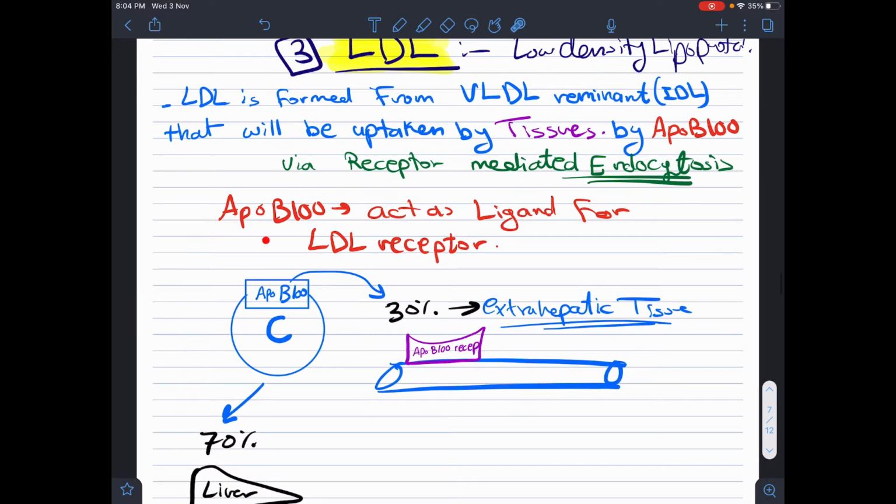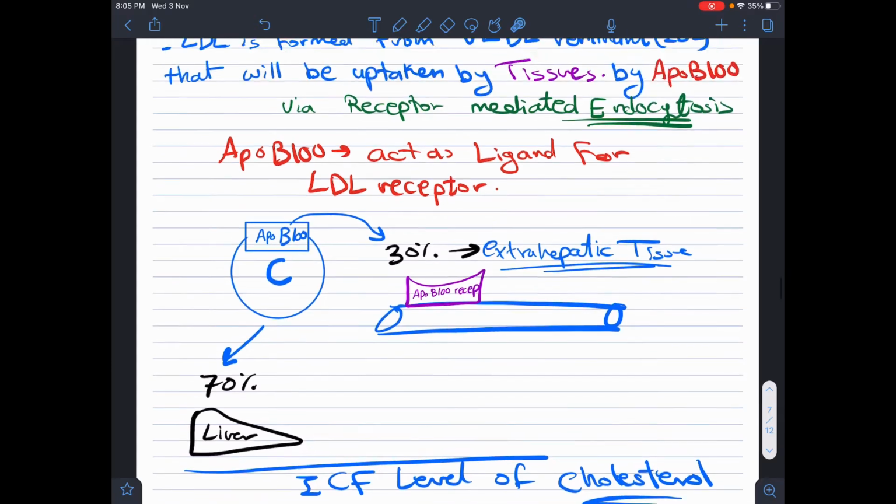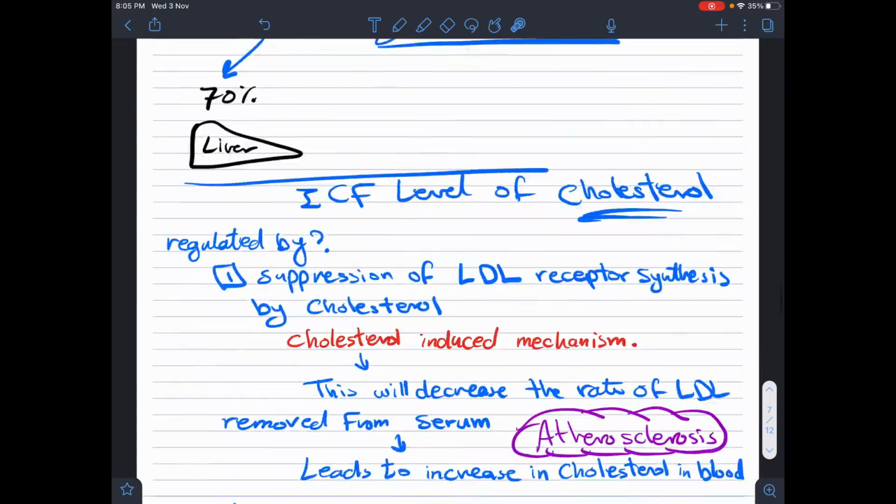The ApoB100 acts as a ligand for the LDL receptor. This LDL containing cholesterol is going to have 30% going to the extrahepatic tissue, the vessels, and 70% to the liver. It's bad because it deposits its cholesterol on the vessel wall. So this is the LDL, the low density lipoprotein.